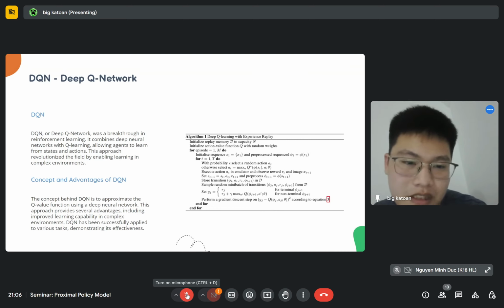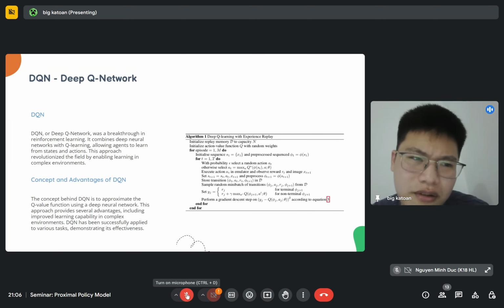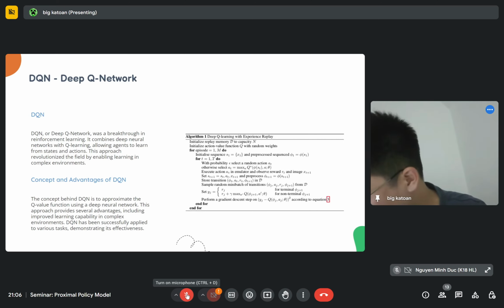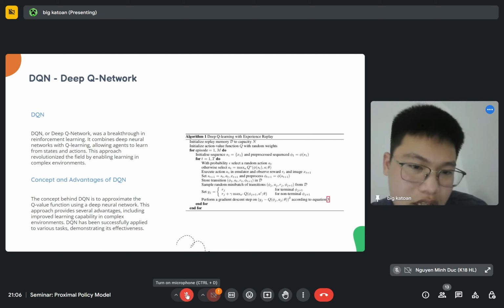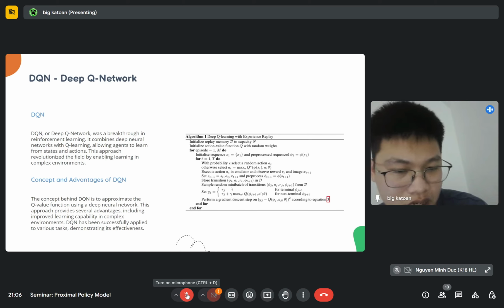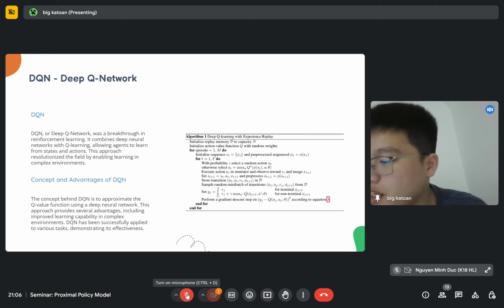If someone wants to try to implement DQN, the pseudocode is on the right of the screen. If you can see over here, the y_j equation is actually the Bellman equation.